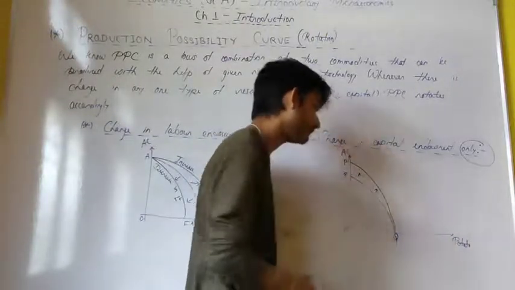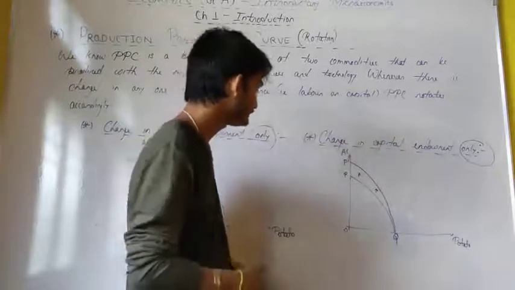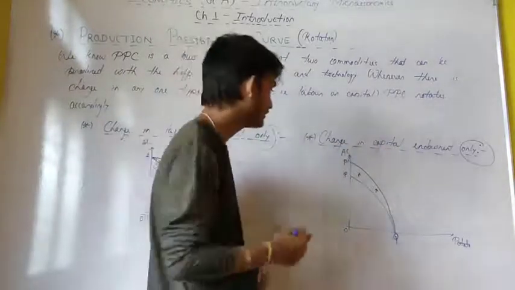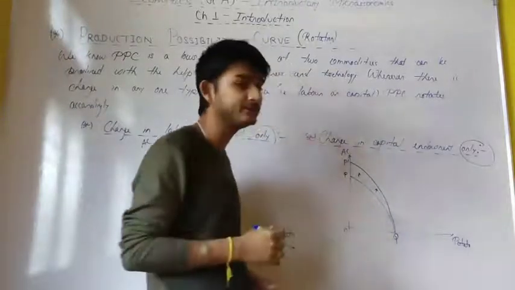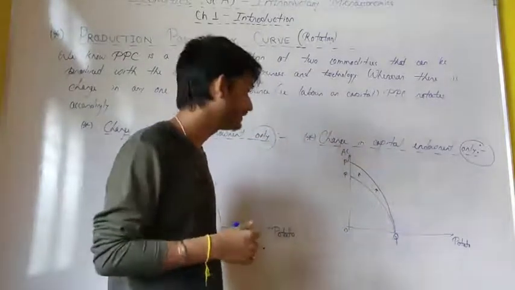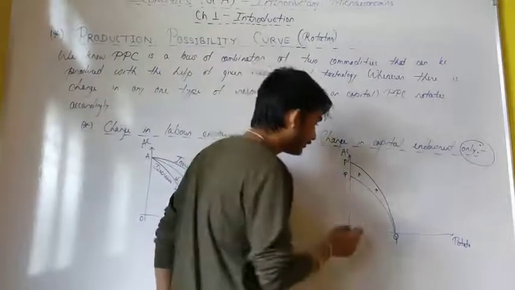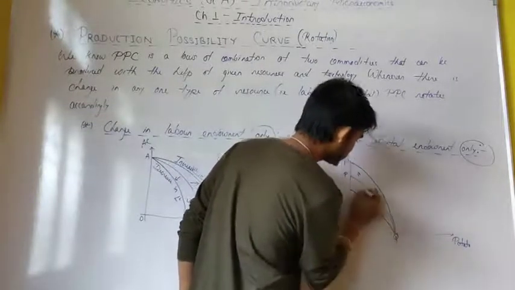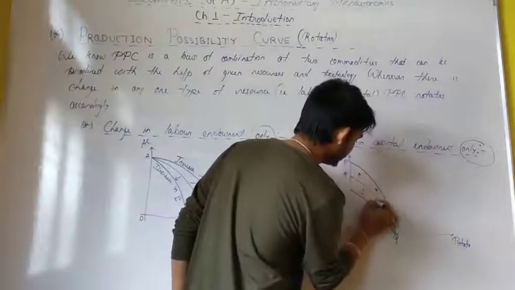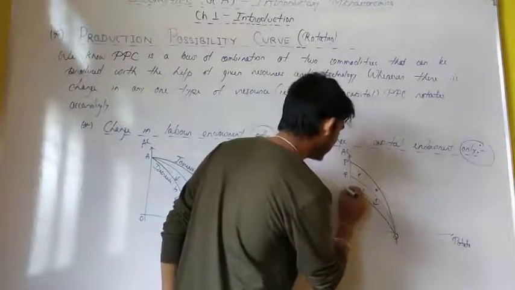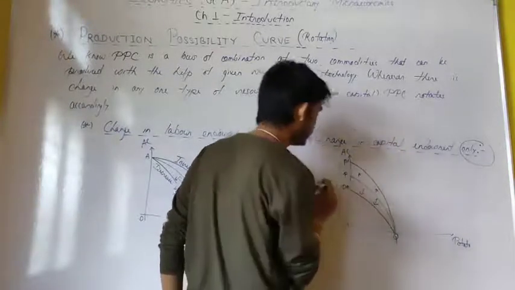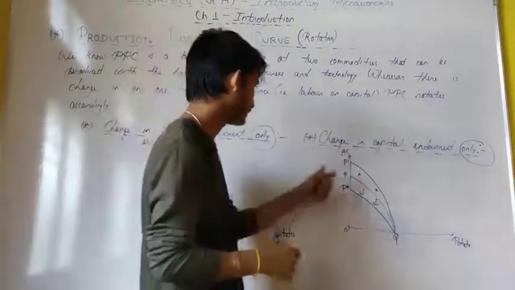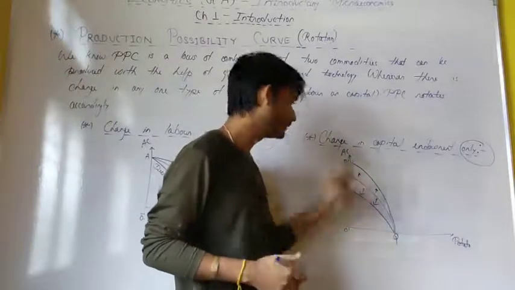The labor intensive item will remain the same because it uses less capital and more labor, but the capital intensive item uses more capital and less labor. And finally, if there is a fall in capital stock, the PPC will rotate inward to P star Q from P dash Q, or it can come down from PQ also.